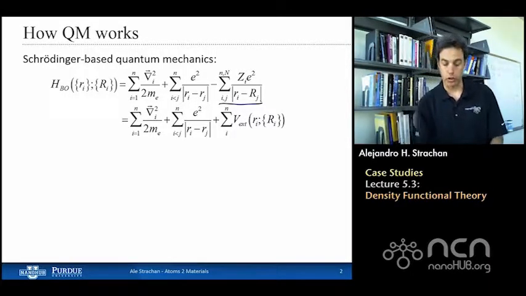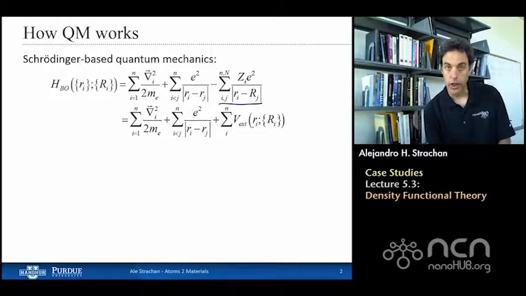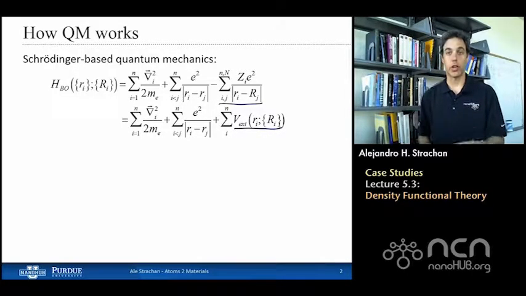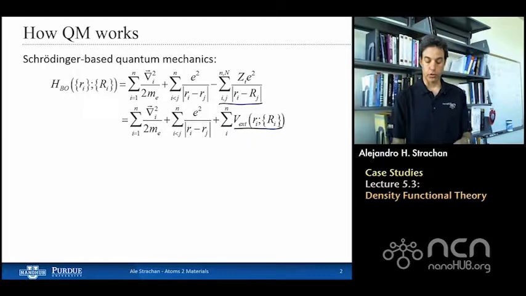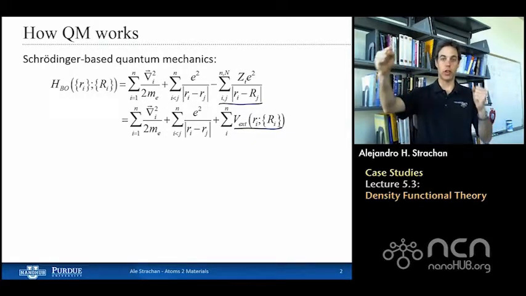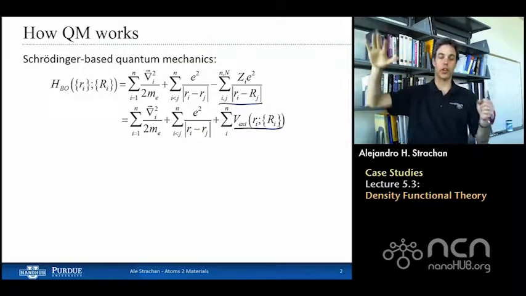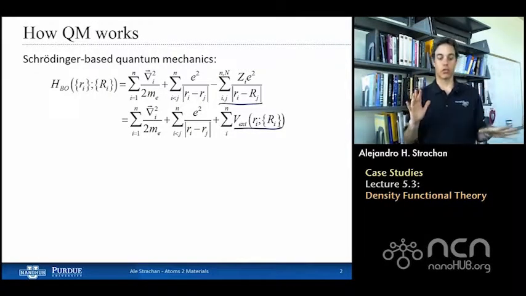So this last term can be written as a sum over electrons of an external potential that's a function of where the electrons are. Essentially what happens is the ions generate the potential energy surface on which the electrons live.